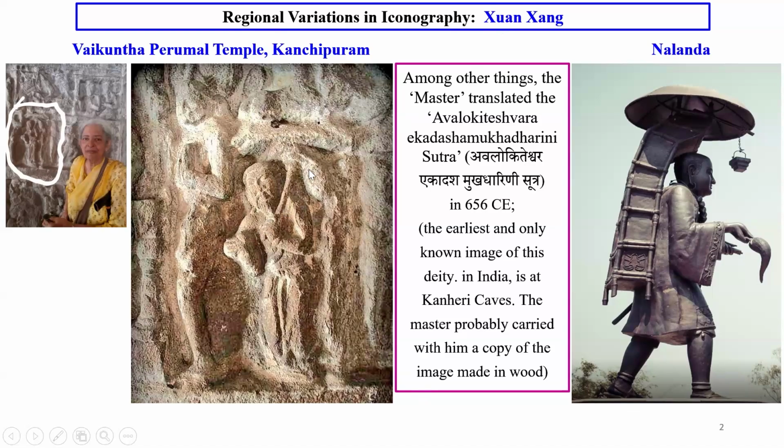I think the time matches and the features and the thing that he carries match, because this is in Kanchipuram. And when Xuanzang Hall was constructed by the government, they installed this image as per the Chinese specifications. So these are regional differences in a way.